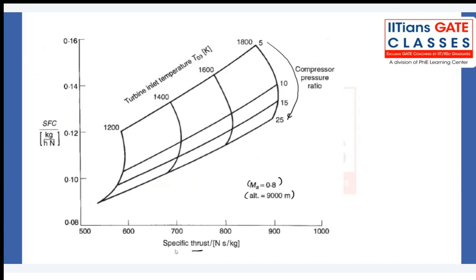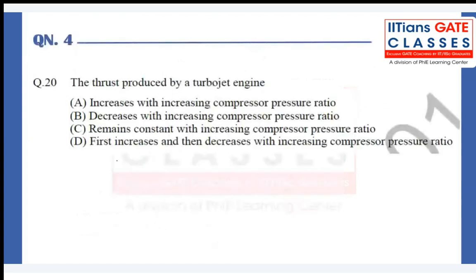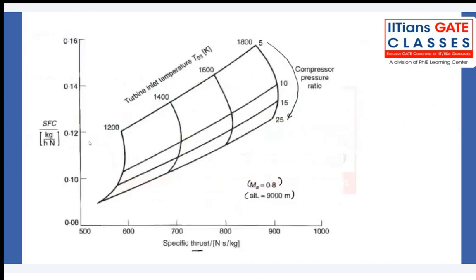So this gives you an idea that first it increases and then it decreases with increase in pressure ratio, right? So these maps are very handy from the GATE point of view. This helps you answer some of the questions which were asked in previous years' GATE.